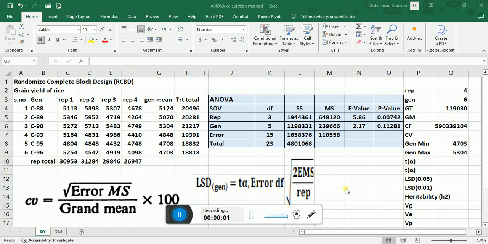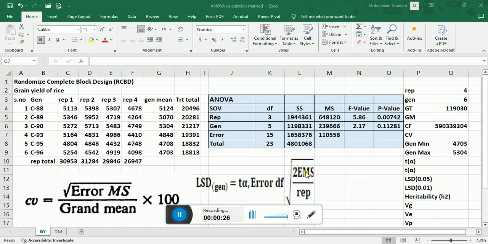Welcome to this tutorial. In this video, we will learn how to calculate coefficient of variation and least significant difference. As I have explained in the previous tutorial, analysis of variance is the foundation for both these calculations. In that video, we also learned how to calculate grand mean.